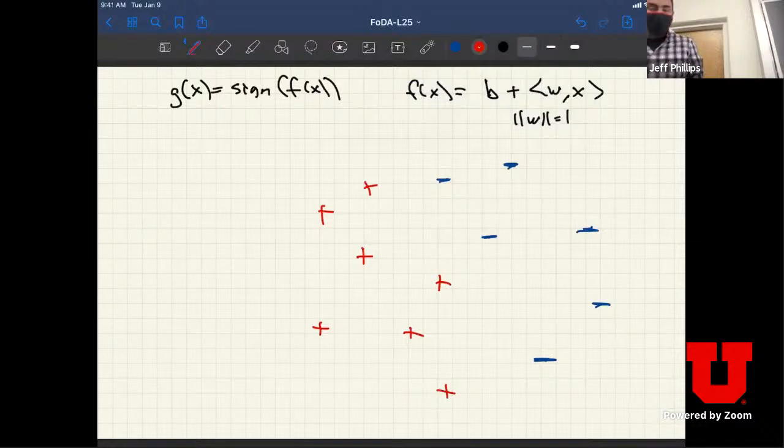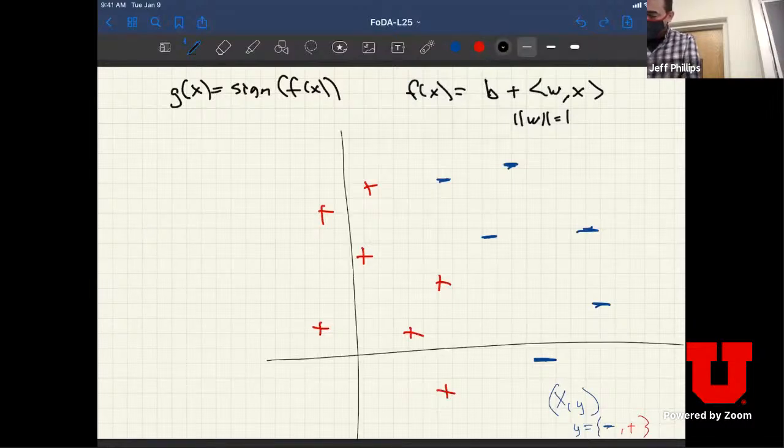These are X, Y pairs, where Y is either minus or plus. In order to understand the geometry of this linear classifier, we're going to need the notion of the origin. These have coordinates, so these are in R^D, and this is the 0.